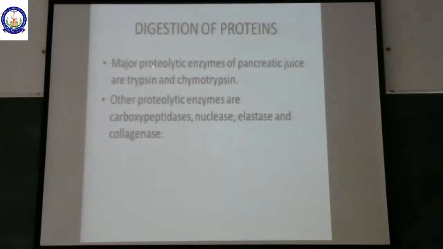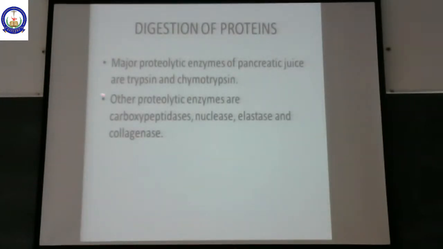The major proteolytic enzymes of pancreatic juice are trypsin and chymotrypsin. These are the two important ones. Proteolytic means it is going to lyse the proteins. What is protein? It is a chain of various amino acids, hundreds or thousands of amino acid molecules joined together to form protein.